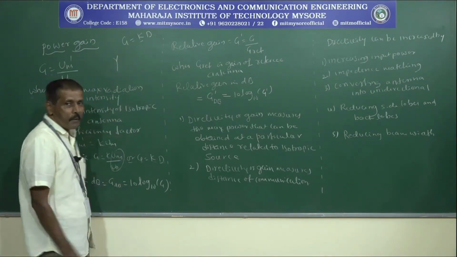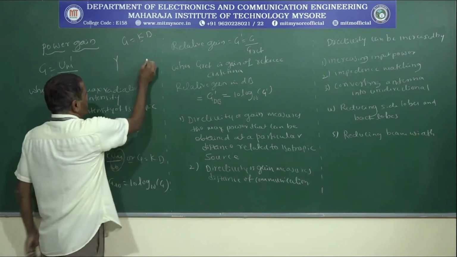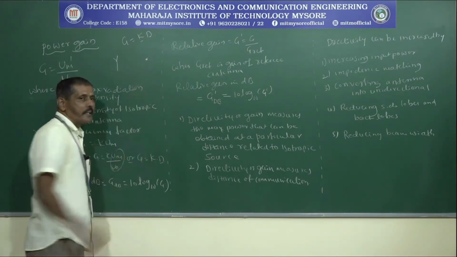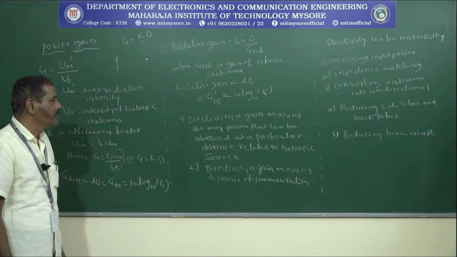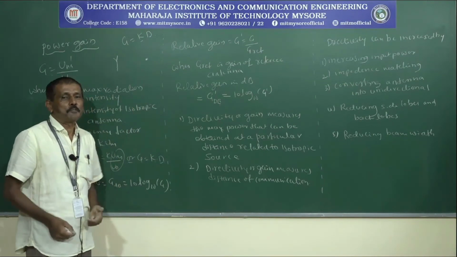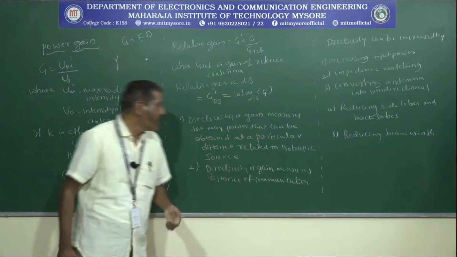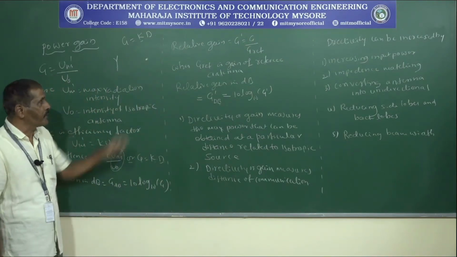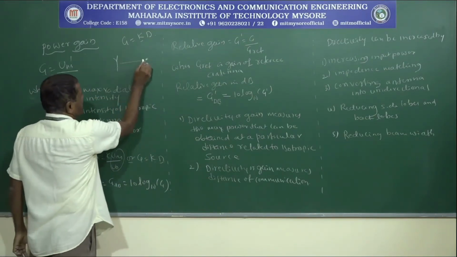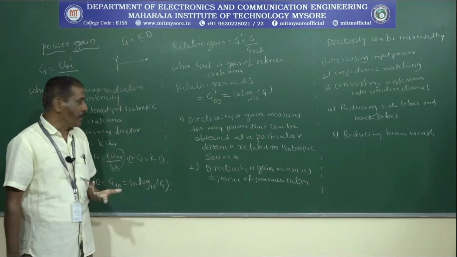We want to measure the power at a particular distance where you are getting the maximum power, and we compare this power with respect to the isotropic antenna. That is, directivity or the gain measures the maximum power that can be obtained at a particular distance from this antenna relative to the isotropic antenna.